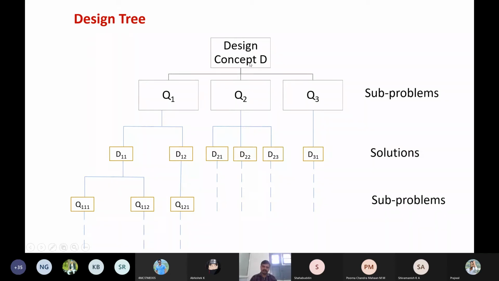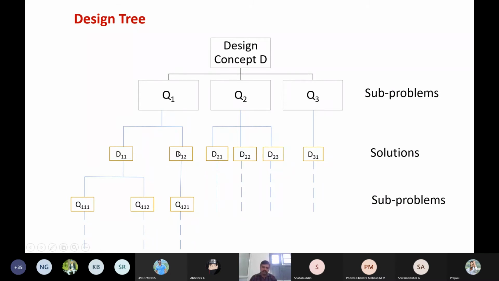In this case, a problem, that is design concept D, is divided into 3 subproblems. For subproblem Q1 there are 2 solutions, for subproblem Q2 there are 3 solutions, and for subproblem Q3 there is 1 solution. Again, the solution D11 results in two more problems, Q111 and Q112.